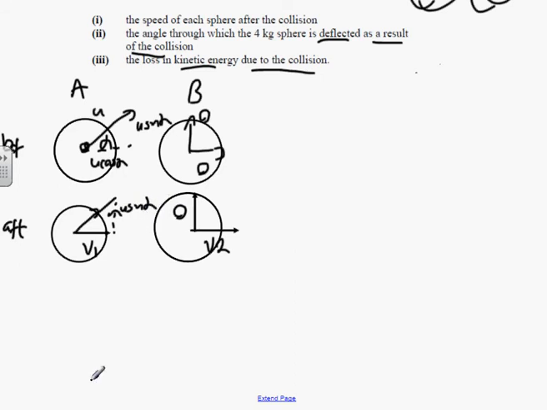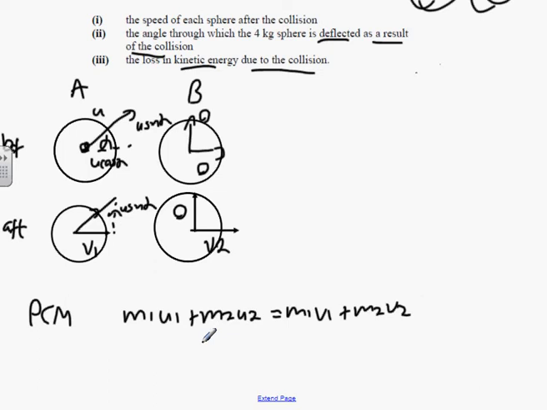PCM, principle of conservation of momentum: m1u1 plus m2u2 equals m1v1 plus m2v2. So m1u1 is 4, so 4u cos alpha plus 8 times 0 equals 4v1 plus 8v2.